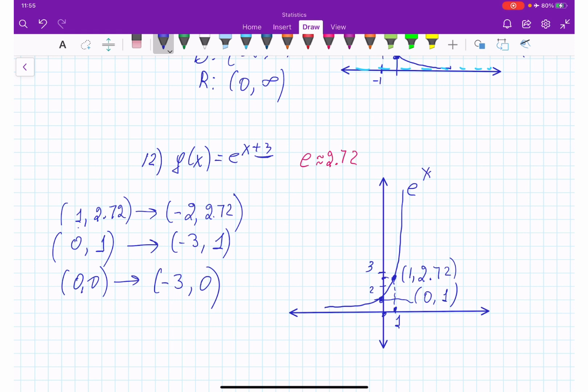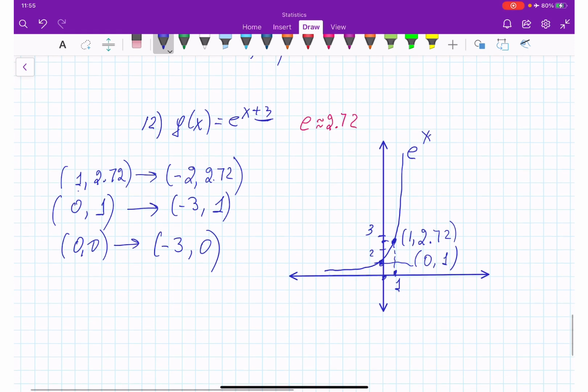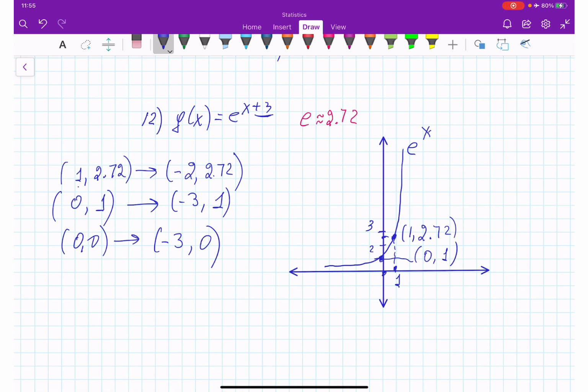So, will it be too much of a mess if I draw in the same place? Let me see. I'll try. Here is 2.72, this is negative 2. So this point is negative 2 and 2.72.